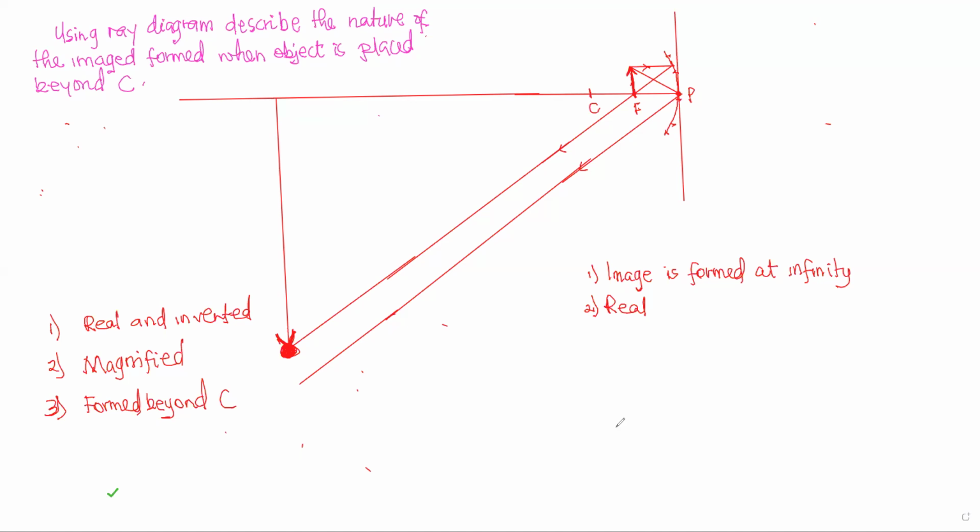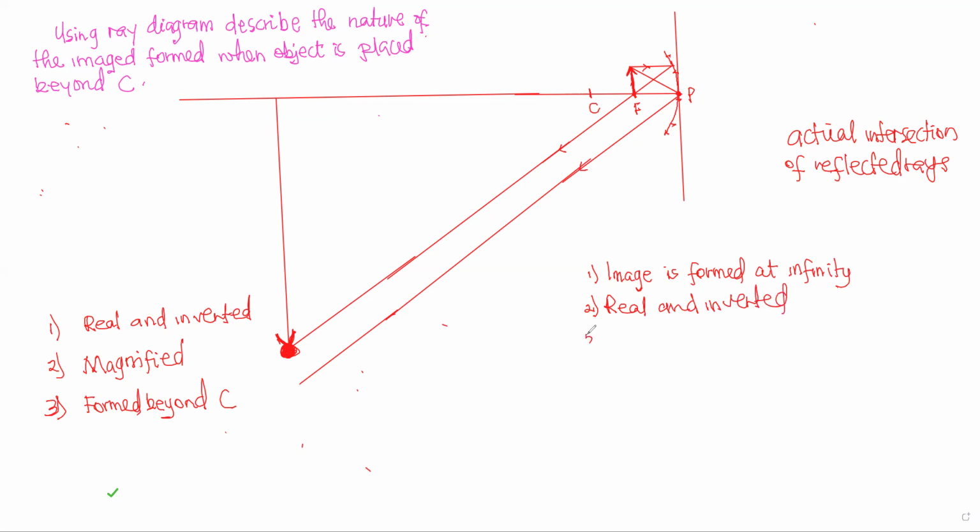Because it is formed as a result of the actual intersection of reflected rays. All right. So once it's real, it will be inverted. Real and inverted.